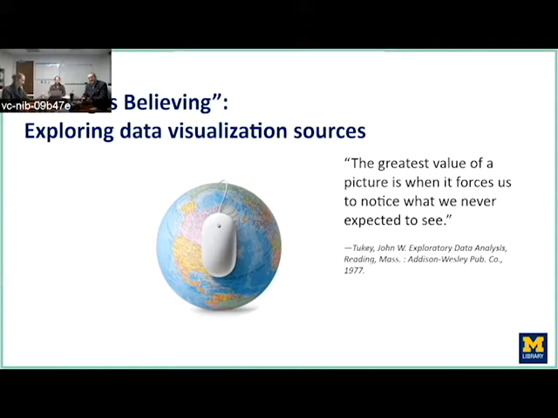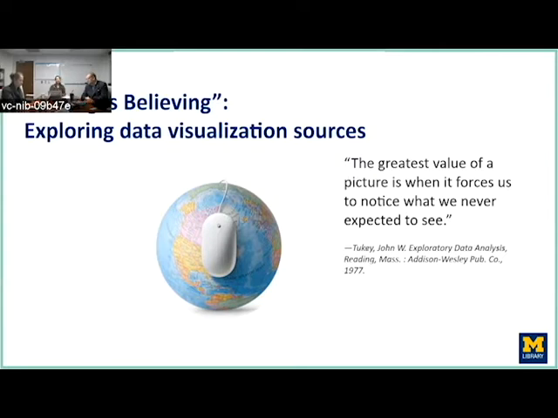So the quote is, "The greatest value of a picture is when it forces us to notice what we never expected to see." And when we look at data, sometimes a table won't tell us as much as a mapping of that data onto a global map or a regional map, or looking at it from different points of view.